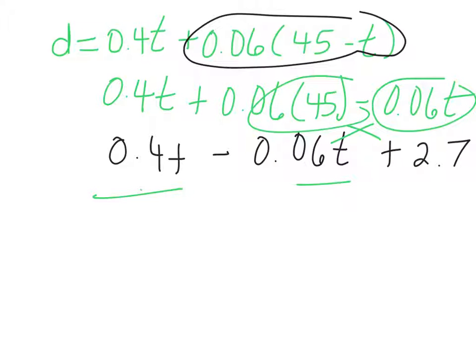And then, with my like terms combined, I can now subtract and get 0.34t. Why do I keep writing a t for an f? Okay, plus 2.7. Now I have my function, and that's what it's asking. It's all it's asking you to do in this example.